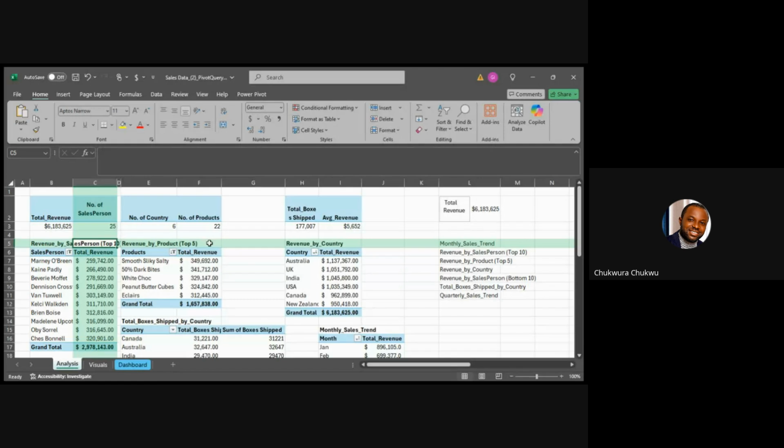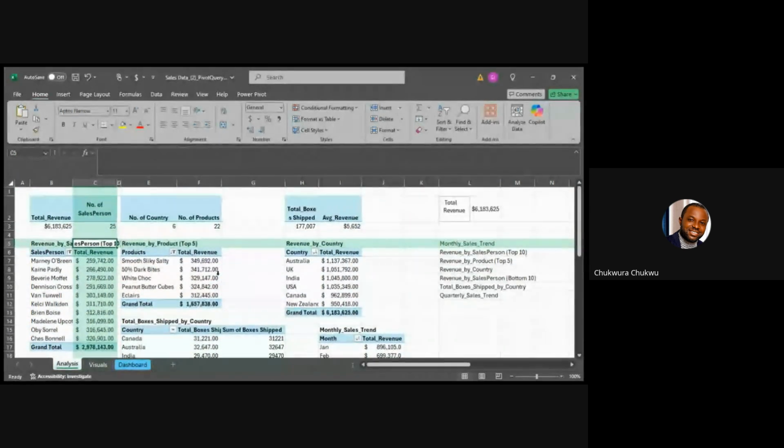Before then, we looked at the different KPIs: the total revenue, the number of salespersons, the number of countries, number of products, the number of boxes shipped, and then average revenue.